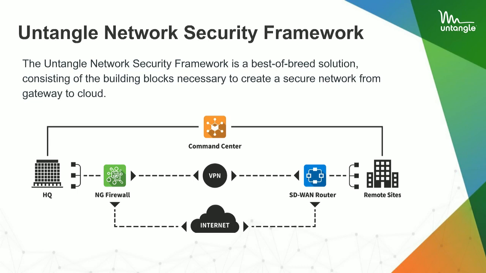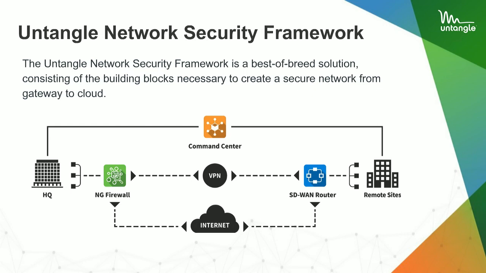The network security framework with Untangle. Our framework is a best-of-breed solution, and it includes building blocks necessary to create a secure network in all aspects of your business, whether it's a local gateway in an office or connectivity to the cloud.